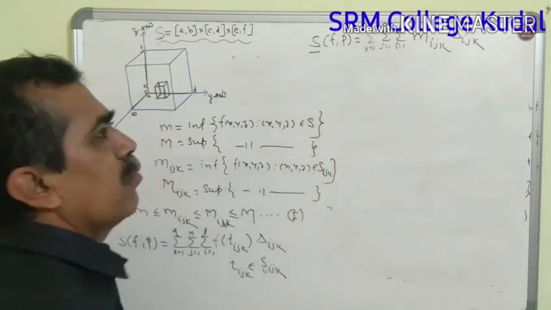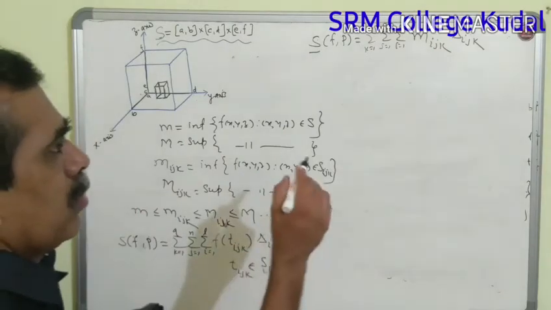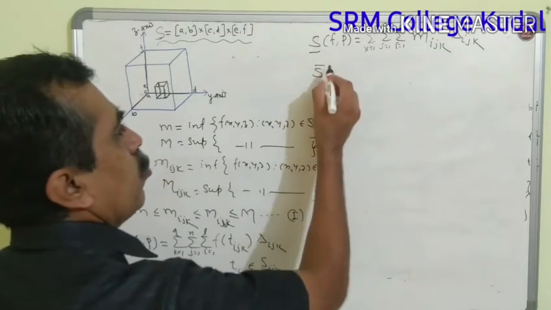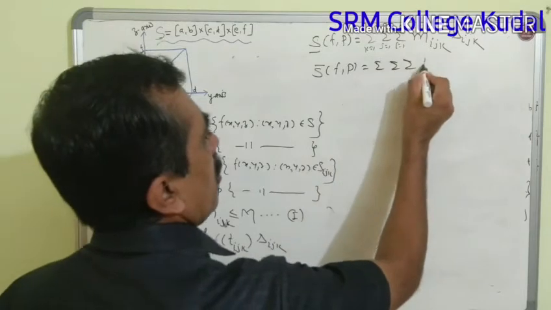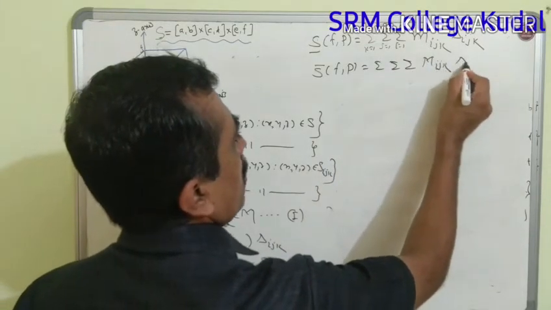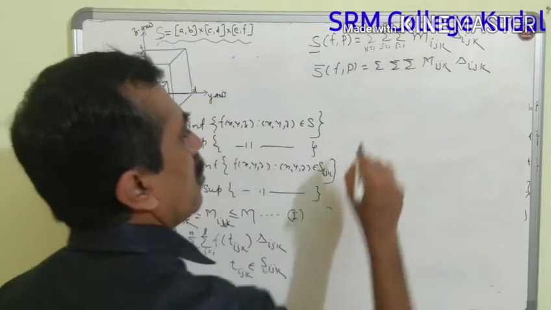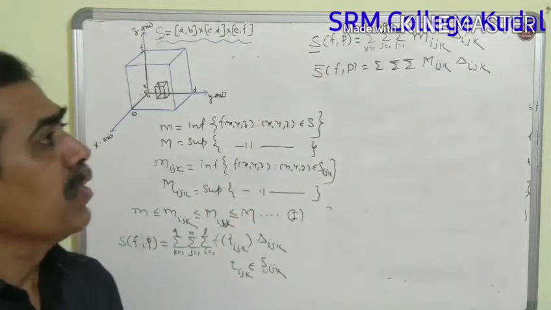So this is the Riemann lower sum. I have considered the infimum value of the function. Similarly, you may define the Riemann upper sum as capital Mijk delta Vijk. Thus I have the two Riemann sums, the Riemann lower sum and the Riemann upper sum.